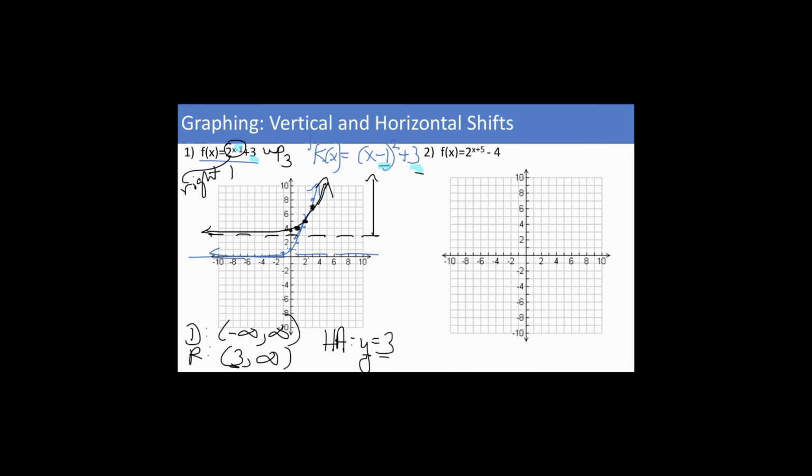All right, so I'm going to draw the parent graph first this time. And it is base 2 still. And horizontal asymptote.